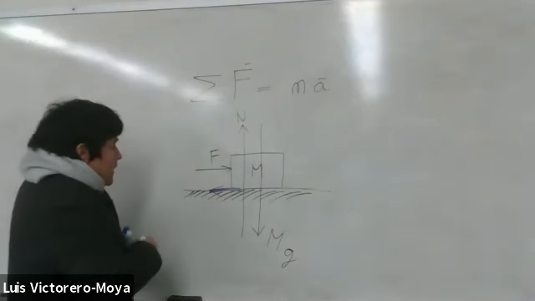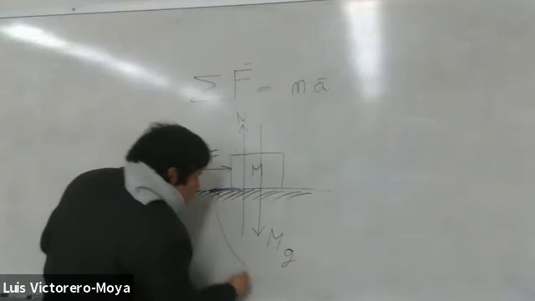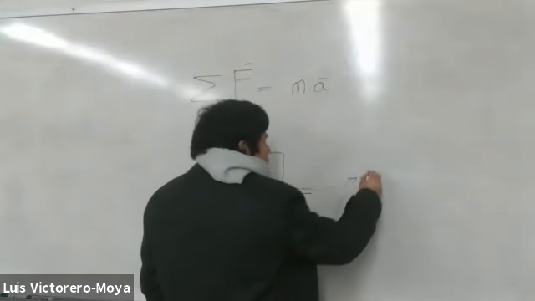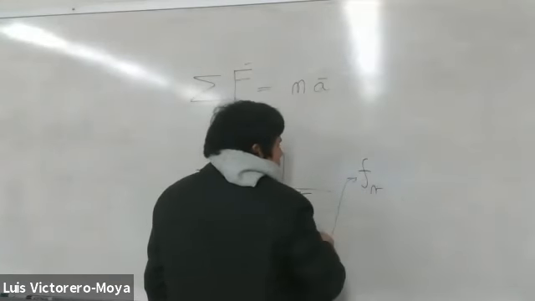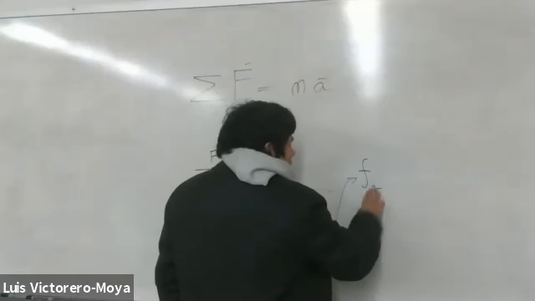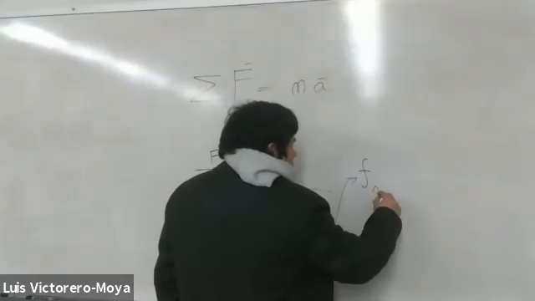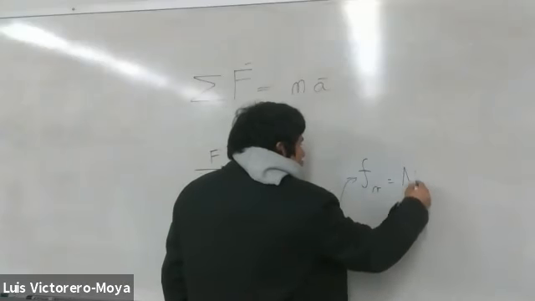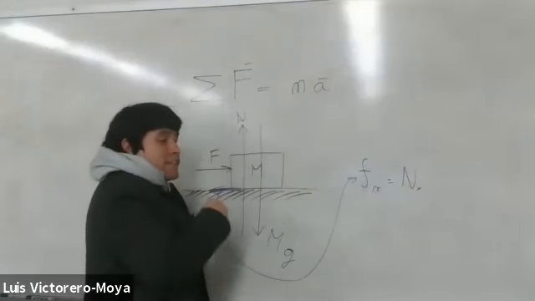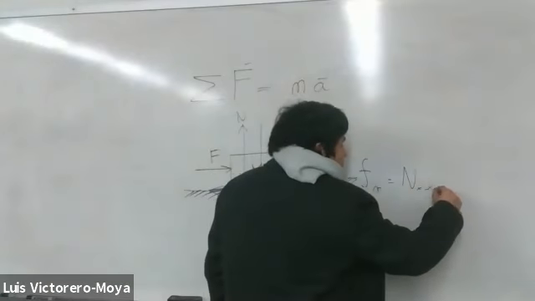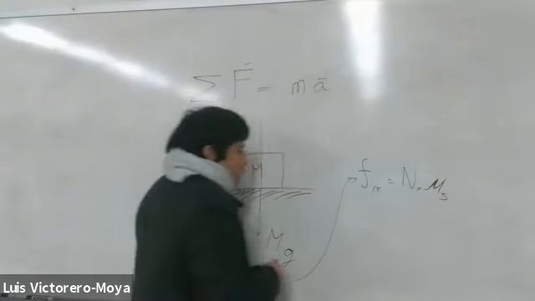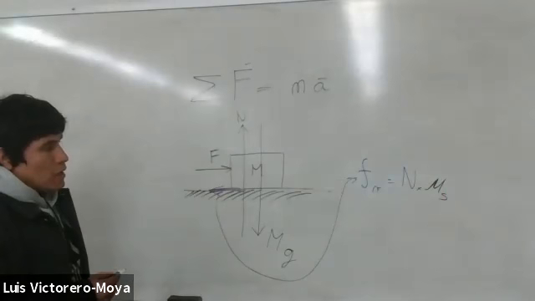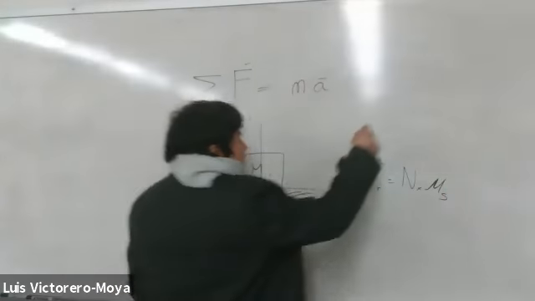This friction depends on the normal force and a coefficient that in this case we call mu static because it's not moving. So this is called the static friction.